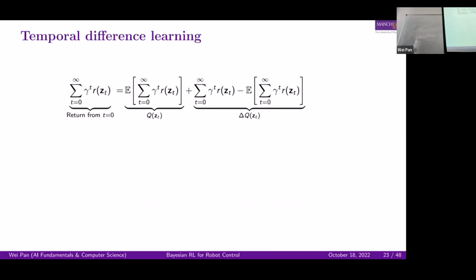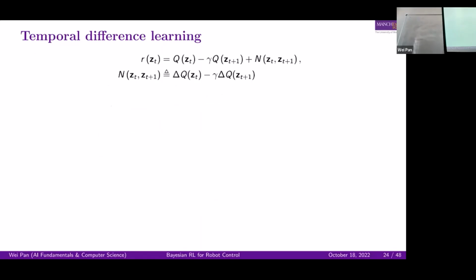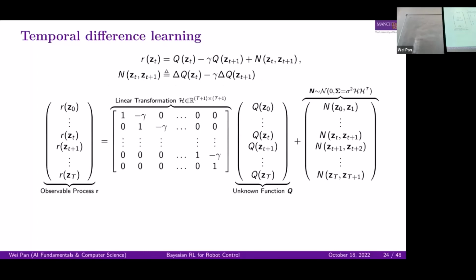Okay, and in the following, it's a bit technical, so I'm not trying to make you understand everything, but I try to follow that for the purpose of getting to know what is really going on. So basically, you can use temporal difference learning. Then you can stack the observations from 0 to t.